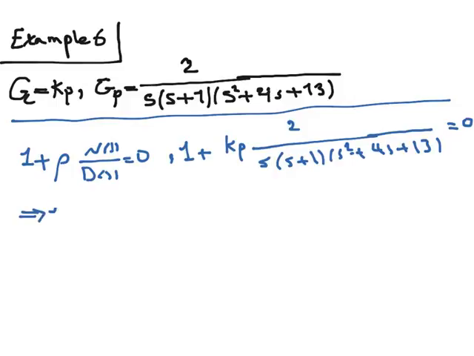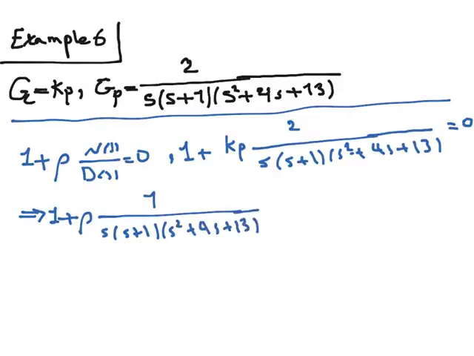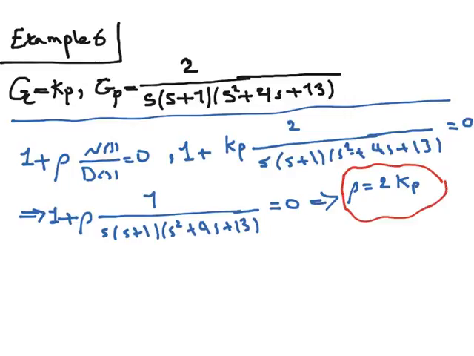And accordingly we can write 1 plus rho times 1 divided by the same terms, S squared plus 4S plus 13 equal to 0. So we have rho equal to 2 times KP in this case. We have no zero and we have 4 poles.